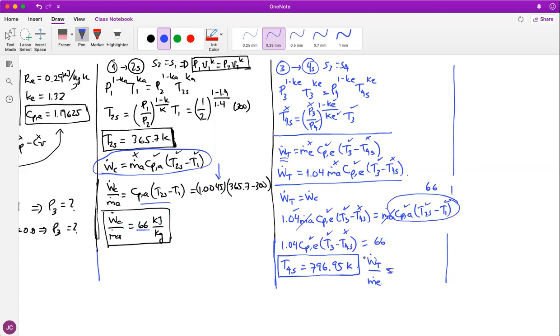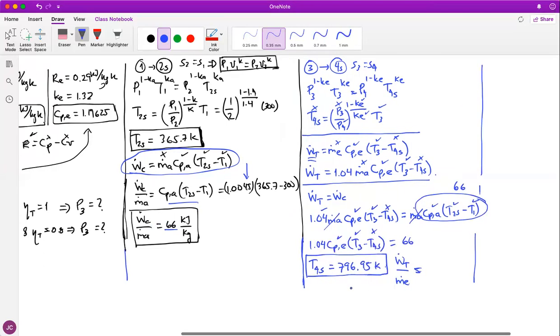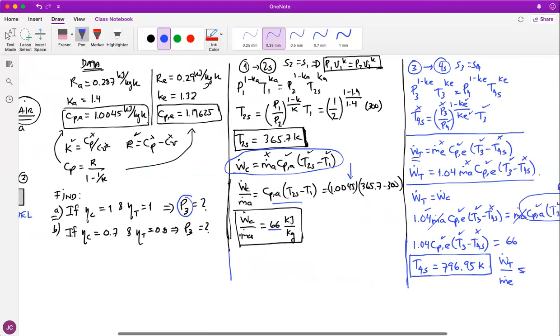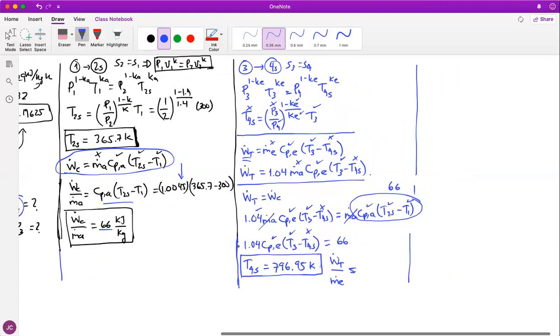I can get all this stuff, but maybe you don't actually need it. What you need is to get this P3 over here. This is what they're asking you to get. So now you see that I can go back to this place and maybe get everything that I need.